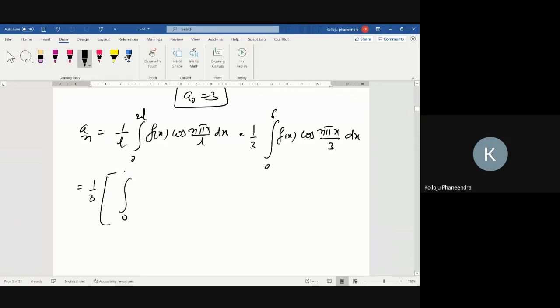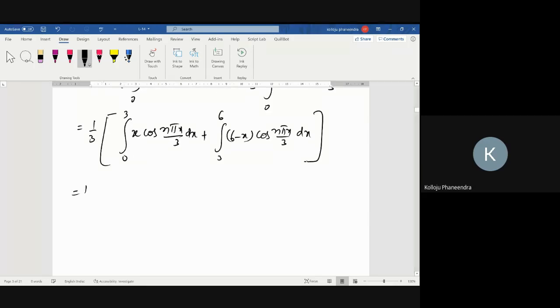First 0 to 3, the function is x, cos n pi x by 3 dx, plus integral 3 to 6, the function 6 minus x into cos n pi x by 3 dx. That is equal to 1 by 3.